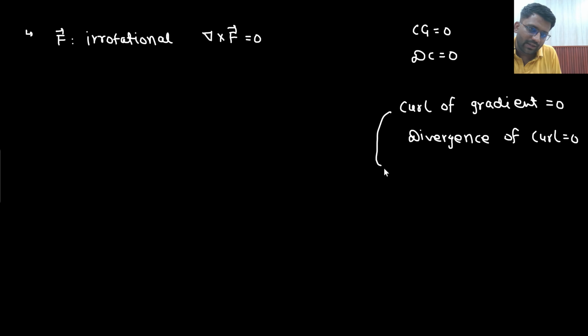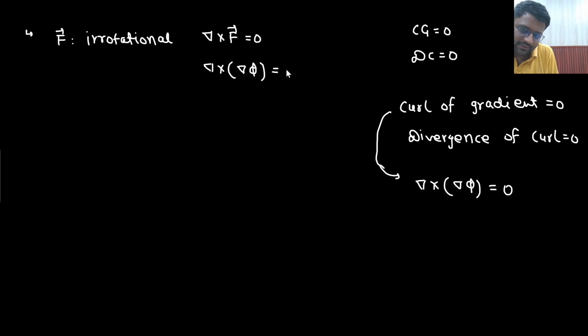Now let's talk about this one. Curl of gradient. What does that mean? That means you will take the curl of some gradient. Curl of gradient is 0. That means you already know that, sir, curl of some gradient is 0. What does that mean? That means your vector field F could be written as the gradient of some scalar field. Say yes or no. Do you agree to this point or not?